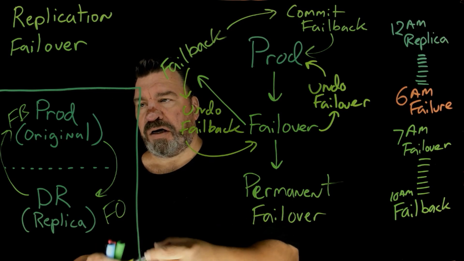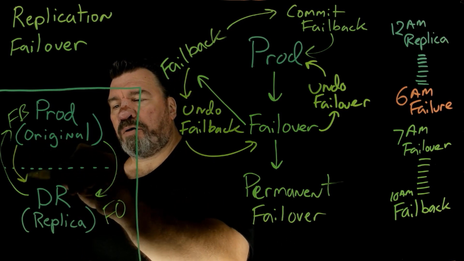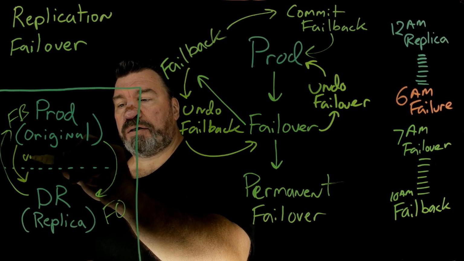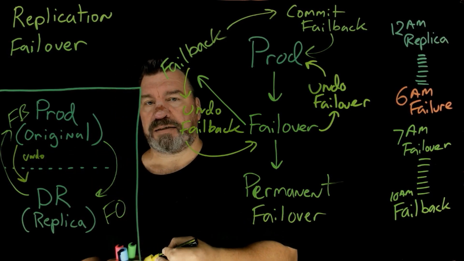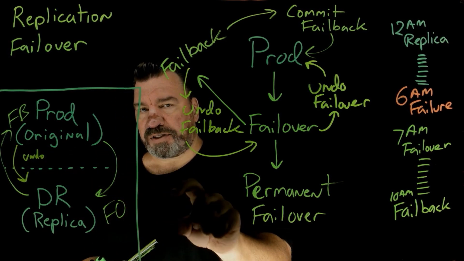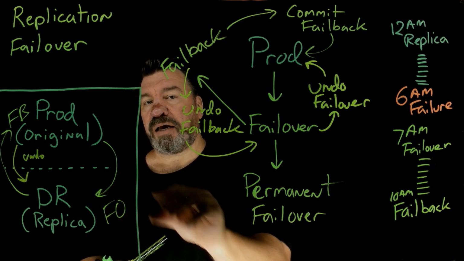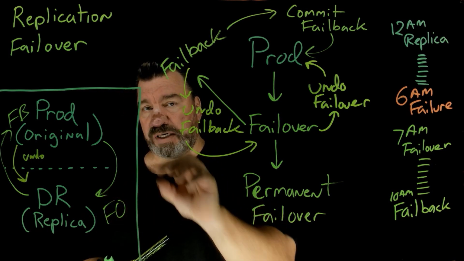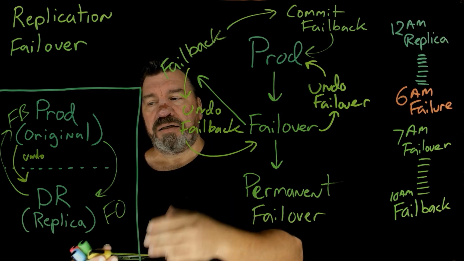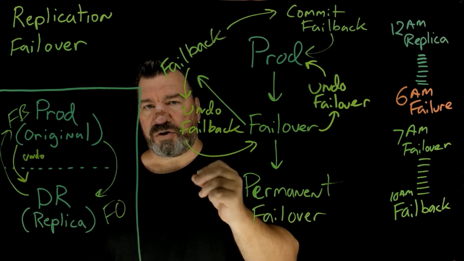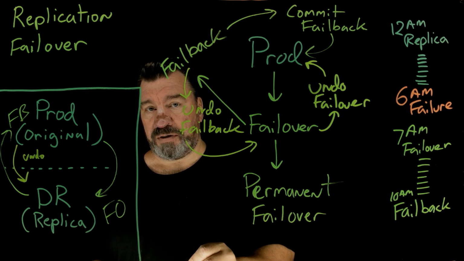I want to back out of this failback. Now I want to go back this way, and I want to undo that process. Well, now we create yet another snapshot down here, and now we're trying to really kind of understand where this data resides, whether it's here or here. And again, it's not super complicated, but it can create data confusion.